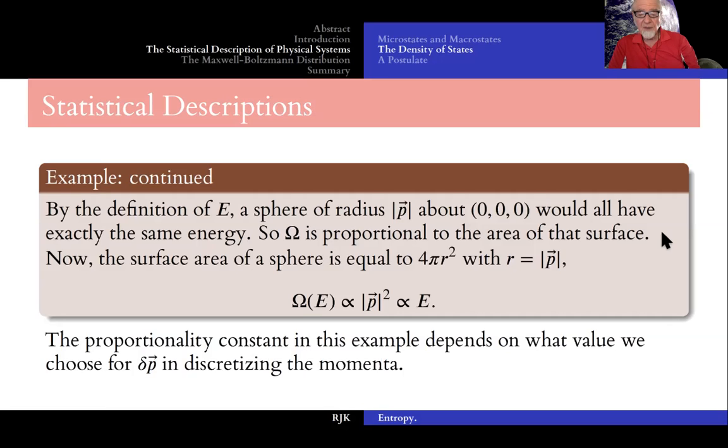So the density as a function of energy is proportional to the magnitude of the momentum squared, that is, it's proportional to the energy. The proportionality constant in this example depends upon the discretization we've been doing in the momentum and other things, and I'm just going to ignore all of that right now. We're going to do things in proportions.